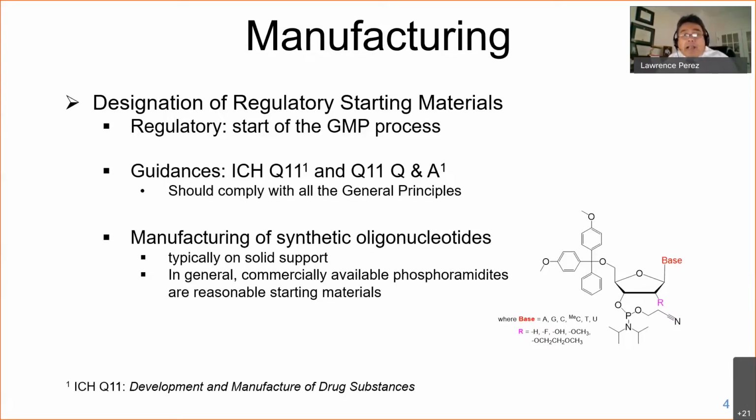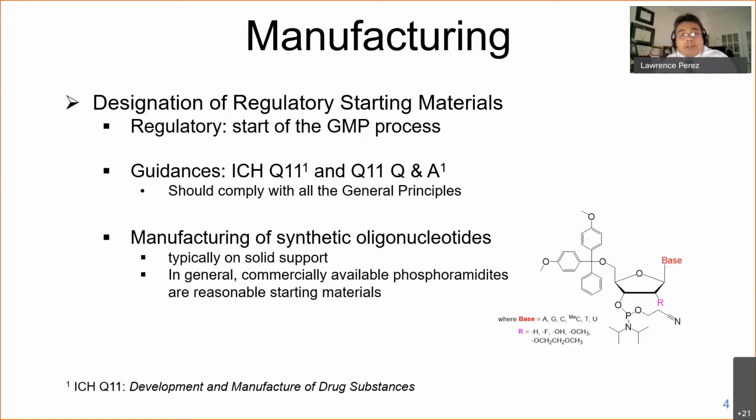Manufacturers today have a choice of a very robust supply of the more common phosphoramidites, in which there are substitutions at the 2 position, the 2-hydroxy, the 2-methyl, the 2-fluoro, along with substitutions, of course, at the base as their starting materials for their synthesis.